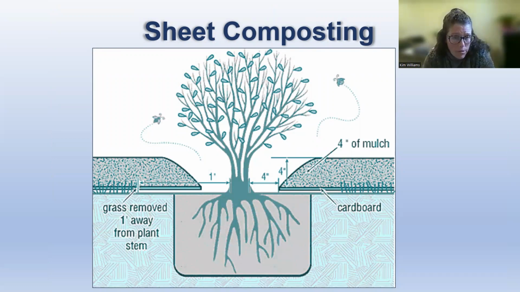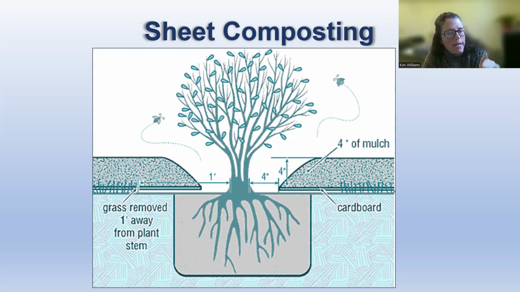So sheet composting is another technique that really helps reduce grass competition around the plants. In this diagram, you would still want to scalp the grass away from the plant around your hole, and then you put down cardboard. The cardboard is just a really great way. It's just sheet composting.